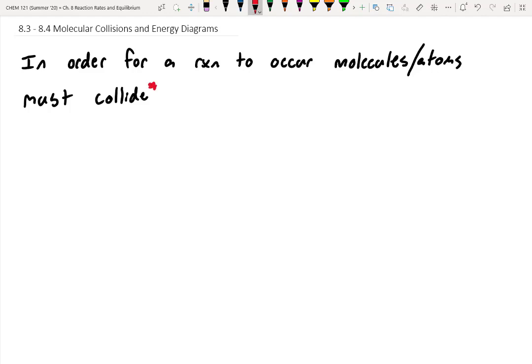I did want to put a little asterisk here because there is an exception. So the exception is going to be decomposition reactions, where one molecule just falls apart on its own. All right, but for all other reactions, we do need to think about them essentially bumping into one another.